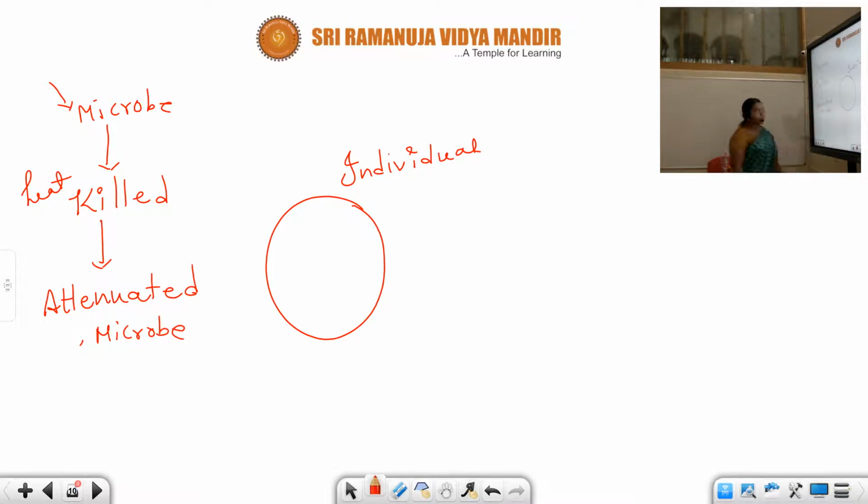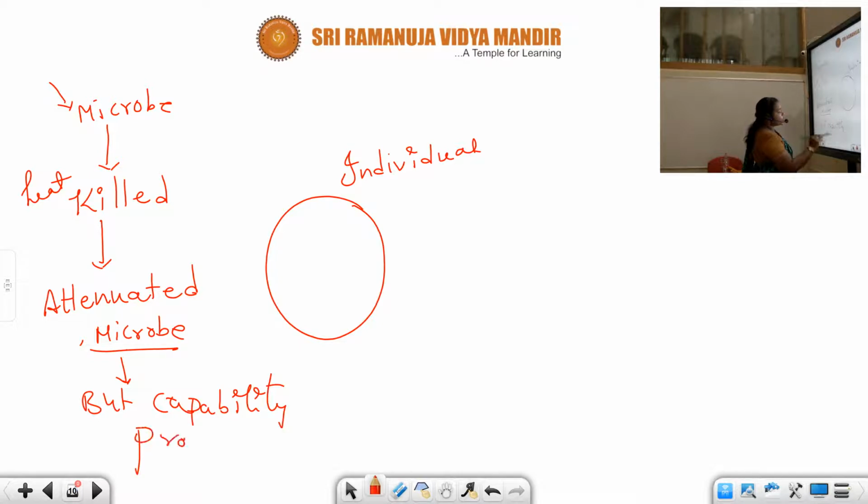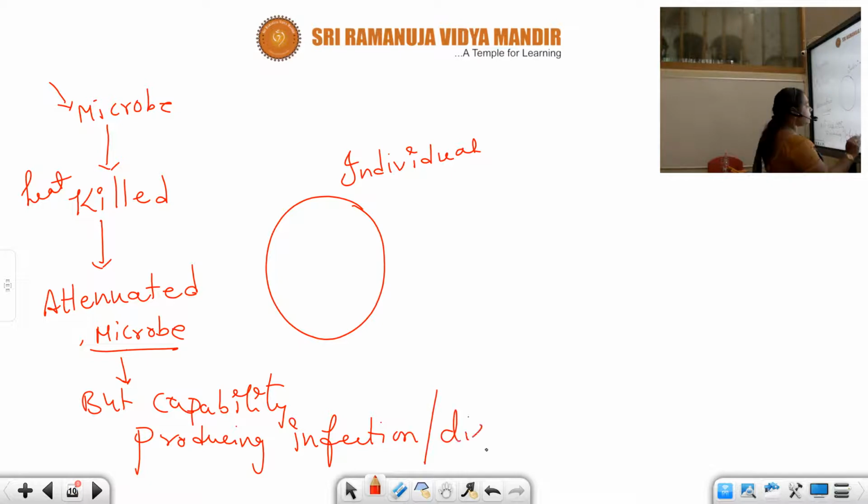Though it is killed, it still has the capability of producing infection or disease in the individual.